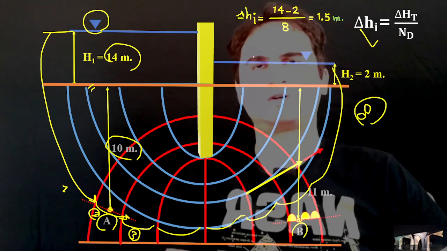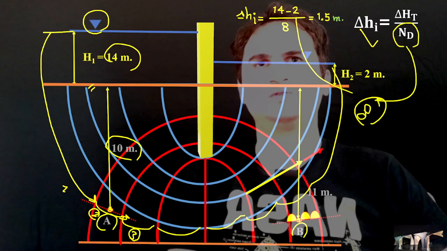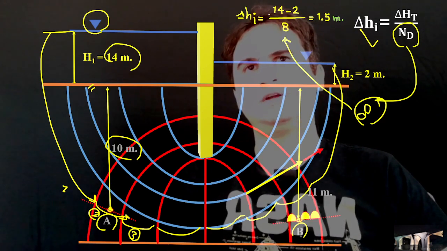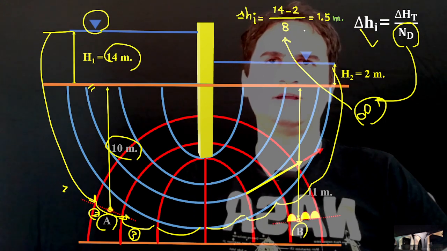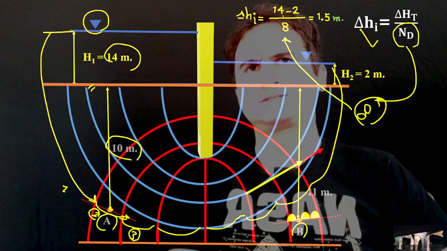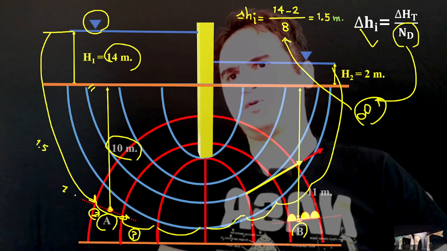Number of drops is 8. So the number of drops just goes to the denominator, and it gives us 12 over 8, which is 1.5 meters. Each of these drops is 1.5.